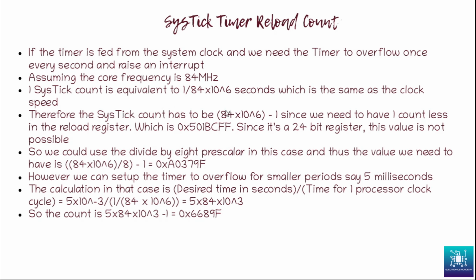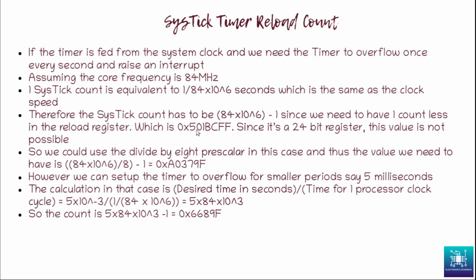Therefore the Systick count has to be this much minus 1, since we need to have one count less in the reload register, which is this value. I just calculated and I have put this value. And the problem here is this is not a 24-bit value. This is a bigger value.